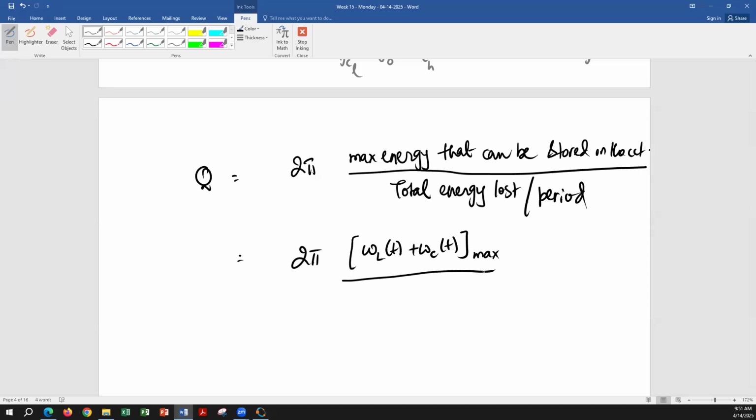So total energy lost in the resistor per period can be calculated as the power dissipation in the resistor times T, because power is work over time, or energy over time. So the total energy lost is the power dissipated in the resistor times one time period.